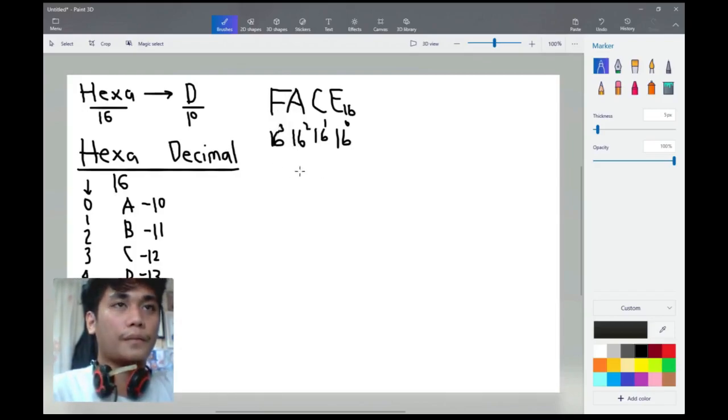So F corresponds to 15. 15 times 16 to the power of 3 plus A corresponds to 10, 10 times 16 to the power of 2 plus C corresponds to 12, 12 times 16 to the power of 1 plus E corresponds to 14, 14 times 16 to the power of 0.